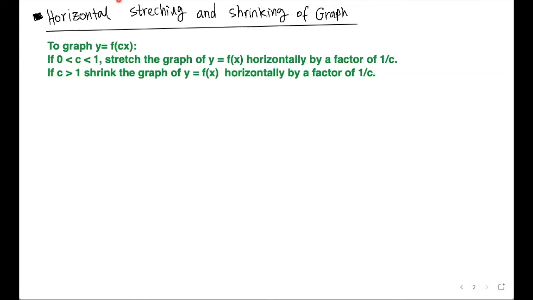Now, let me explain that by the graph. Suppose my graph is like this.